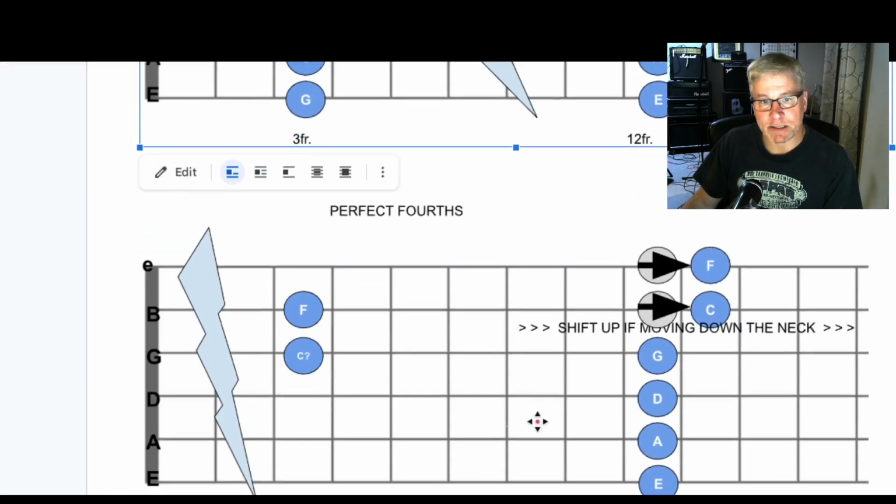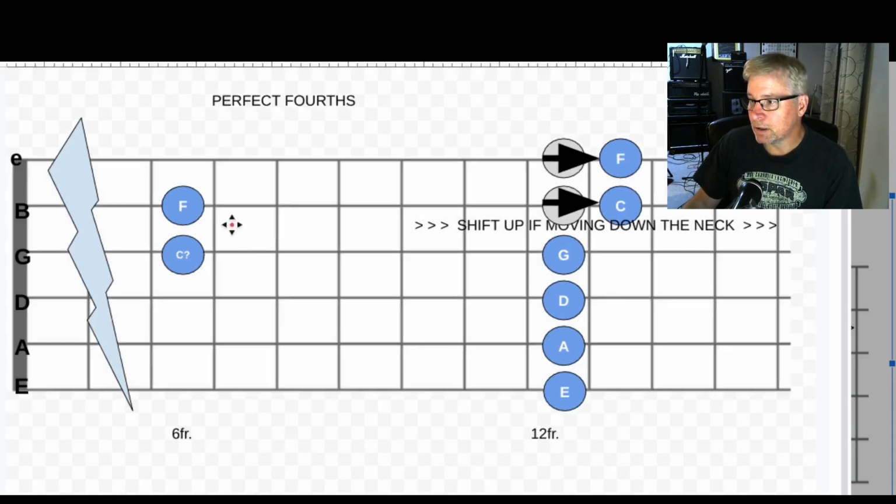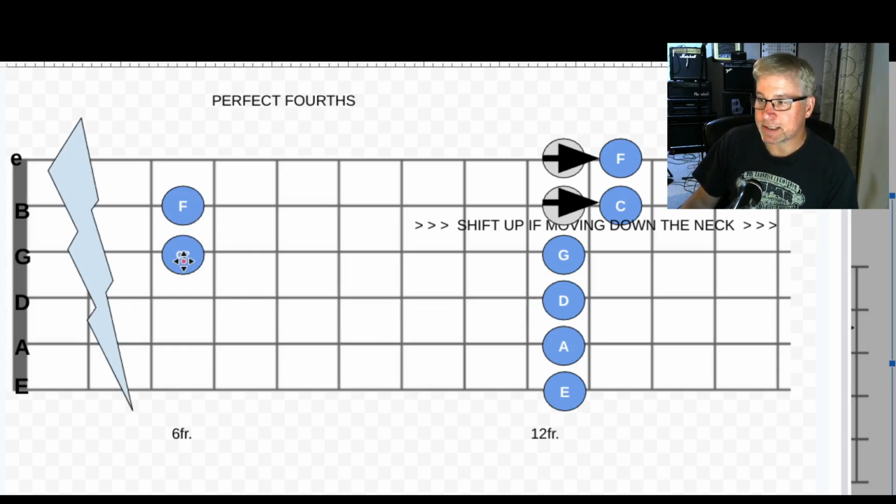Now, likewise, if we decide to go in the other direction, let's say I put an F here on the 6th fret of the 2nd string, and I'm going down on the neck. Is this where the C note is? Because we saw here on the 12th fret or the 13th fret, the F and the C are indented a bit.